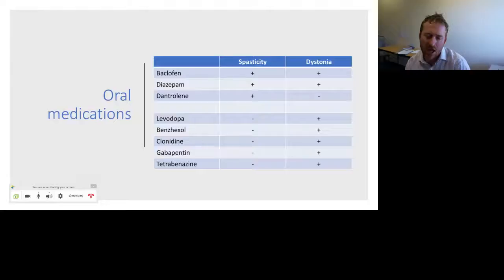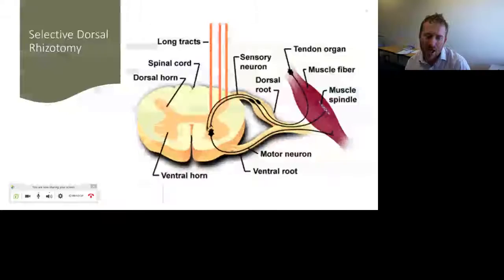Clonidine and Catapres can be an effective adjunct medication. There's increased evidence for gabapentin, including some work done by groups in London suggesting this can be quite effective in improving children's quality of life. Tetrabenazine is a rarely prescribed medication, a dopa blocker, but can be effective in some children, but is also associated with severe mood changes, so it's not something that is very commonly prescribed.